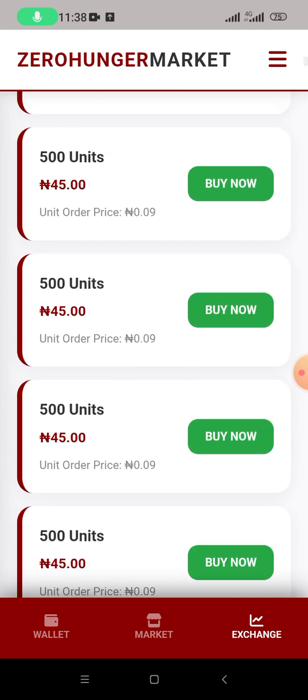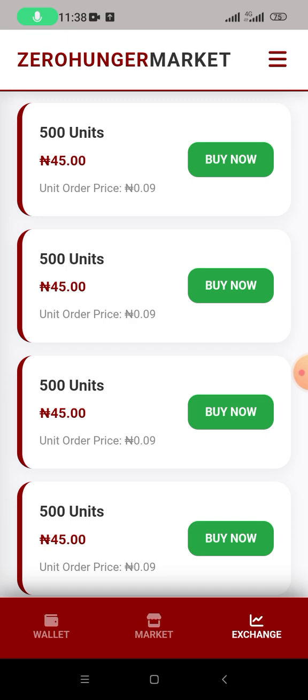And here, there is something interesting I want to show you, because you can leverage here to make at least 100,000 naira every single month. But it's not when you start with 100 naira or 1,000. At least if you can start with 50,000 and above, though it depends on the price that you are buying.